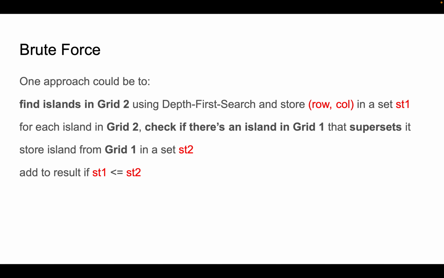For each island that we found in grid 2, we can check if there is an island in grid 1 that is a superset of it, and we store the island from grid 1 discovered here in a set ST2. Then we also have a result counter, which is the number of sub-islands, and we add 1 to the result if ST1 is smaller than or equal to ST2, which would mean that ST1 is a subset of ST2.